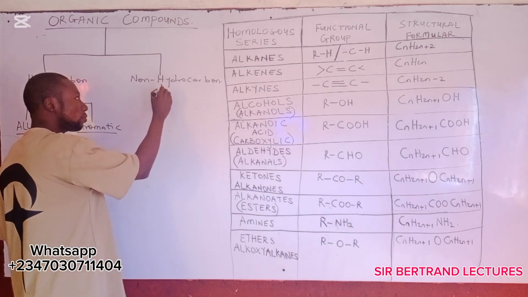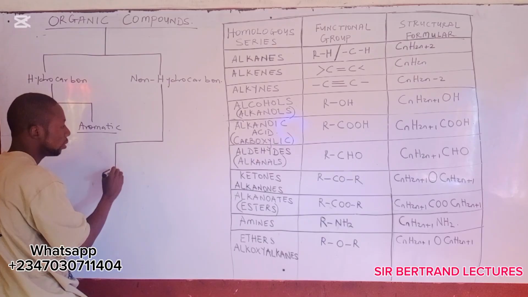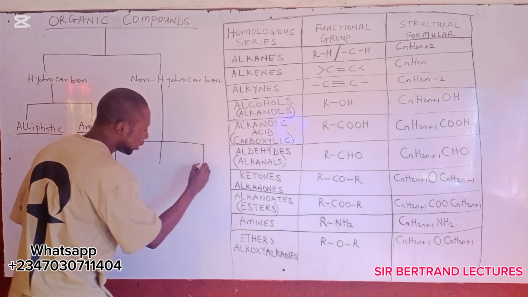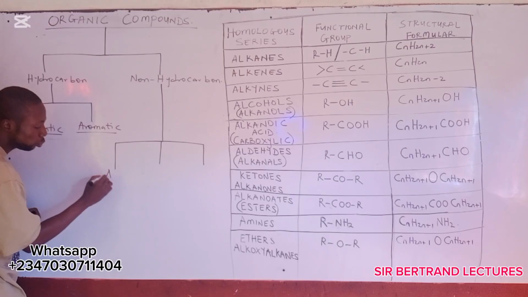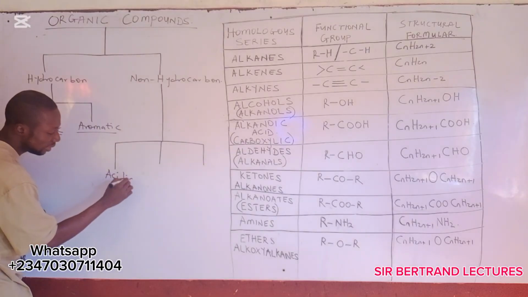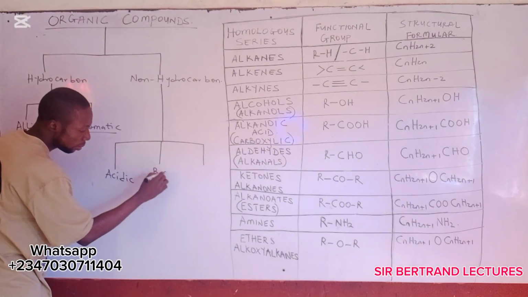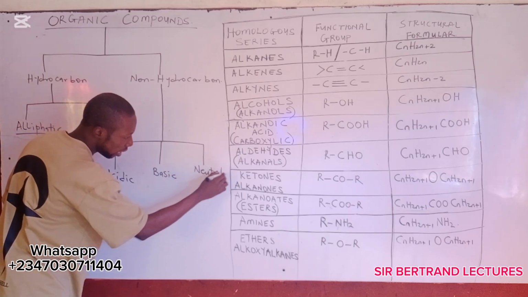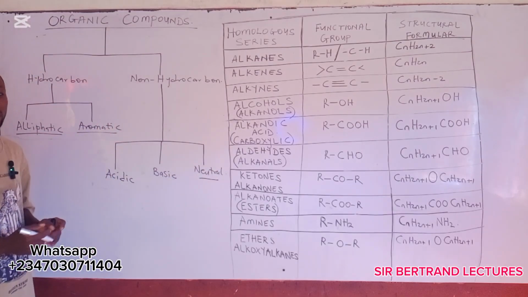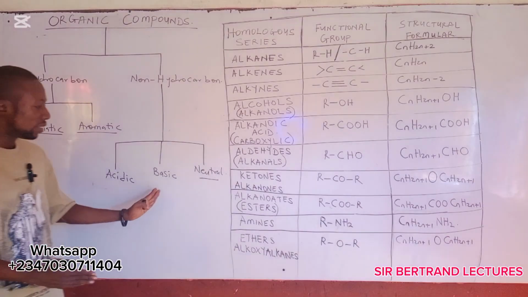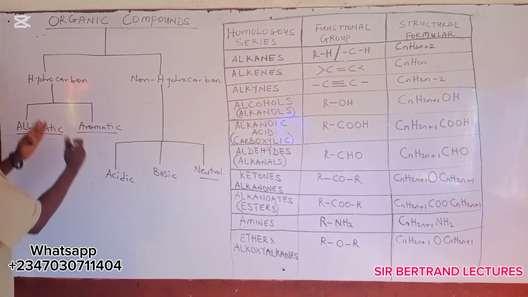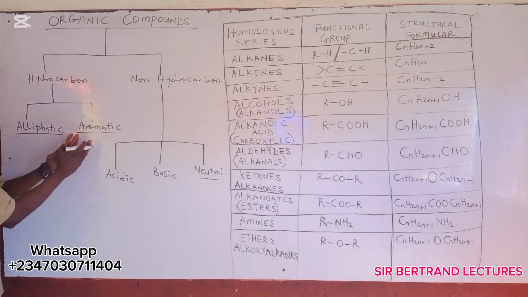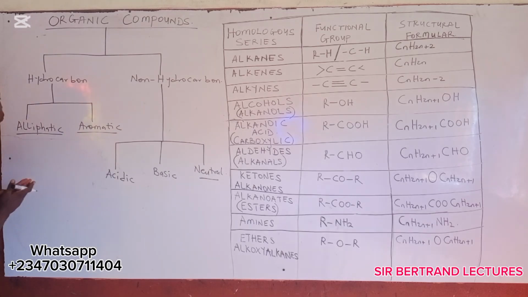Here the non-hydrocarbons are categorized into three. They are assumed to be acidic, basic, and neutral in nature. Then hydrocarbons are aliphatic hydrocarbons and aromatic hydrocarbons.